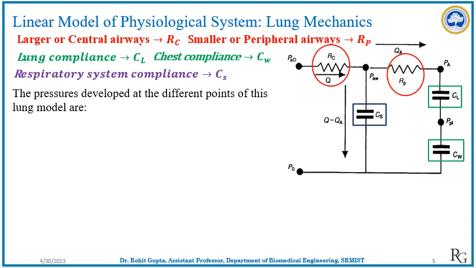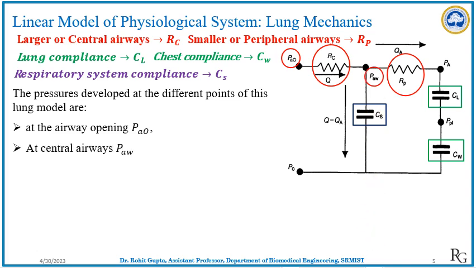Further, the pressures developed at the different points of this lung model are: at the airways opening, it is PAO; at the central airways, it is PAW; in the alveoli, it is PA.